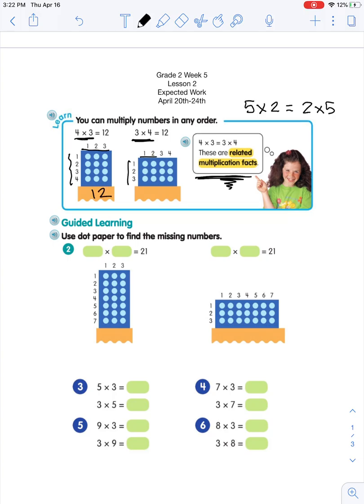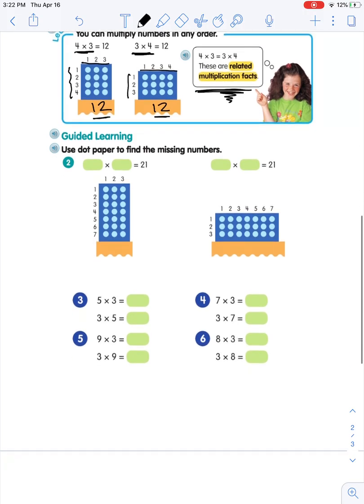And I can also have 3 rows with 4 in each row, and I will still have 12. So those are called related multiplication facts. Remember, you can flip those and you still get the same total.